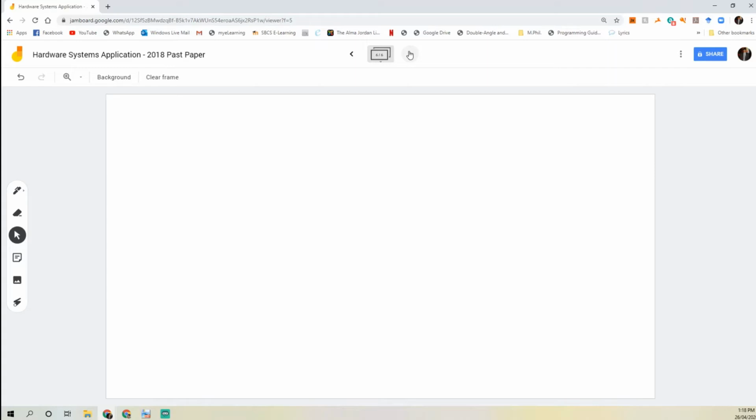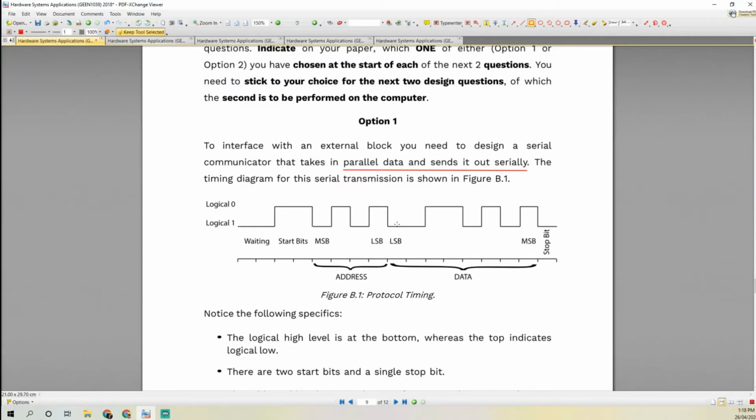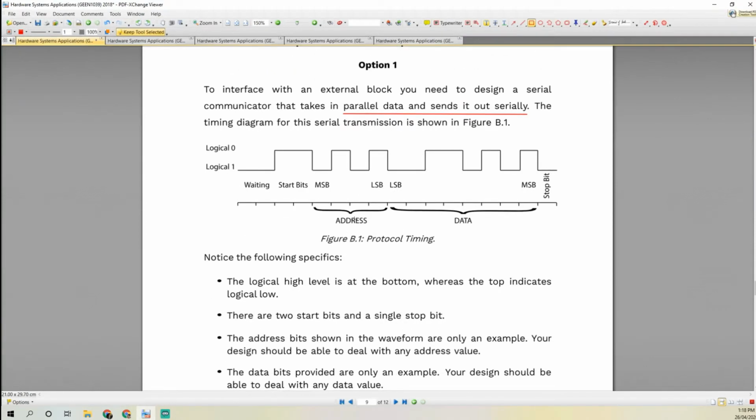All right, now this timing diagram tells us that we have a waiting state in which the serial communicator is dormant. We have a start state, which that start communication bit is going to take us out of this waiting state and into.